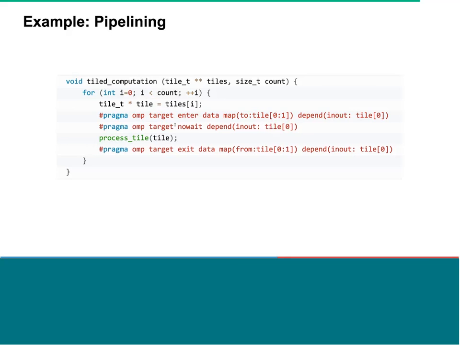And the effect of this is that the first tile can be enqueued, its input, computation, and output, and while the first tile is computing, the second one can be copied in.